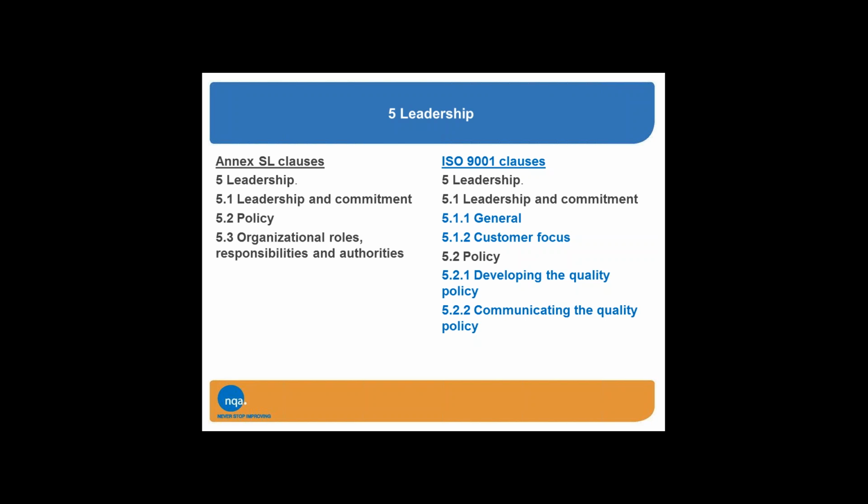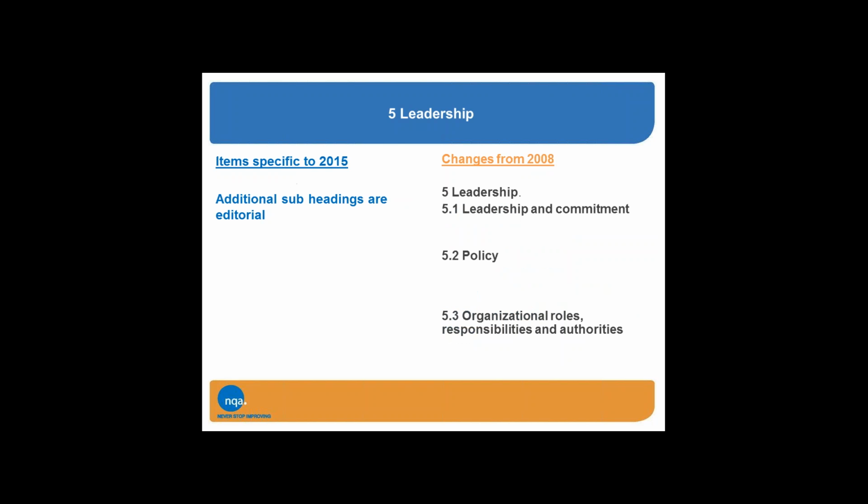Then we have organizational roles, responsibilities and authorities, again a generic requirement of management systems, and that carries over directly into 9001. So again, in leadership we are seeing largely generic management system requirements which feature largely in 9001.